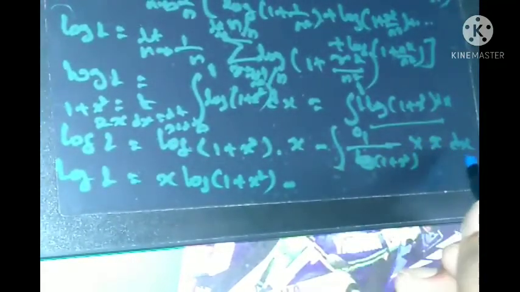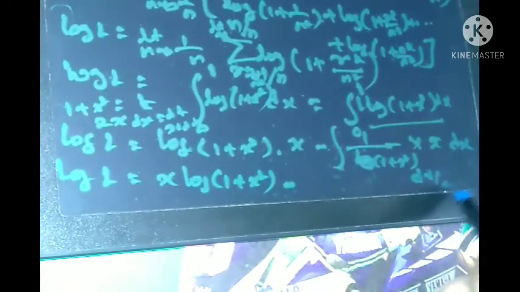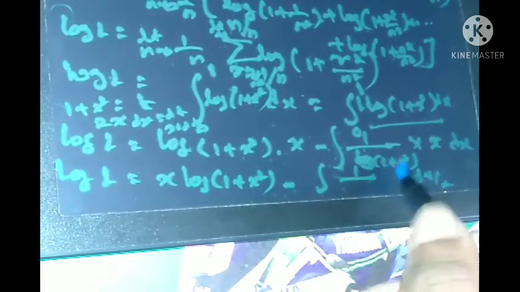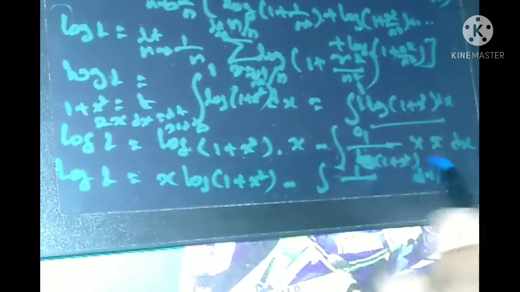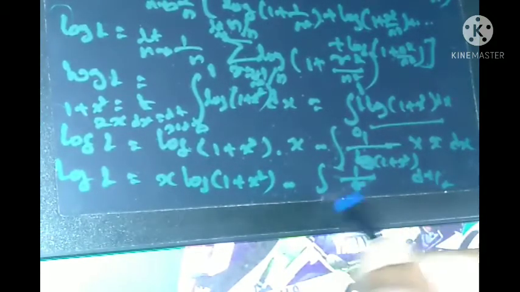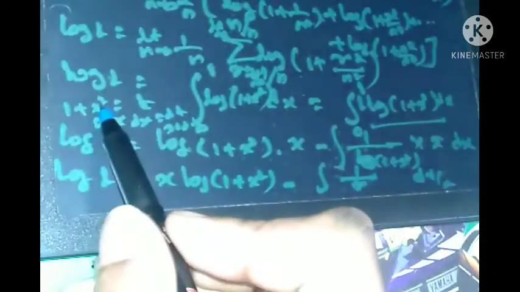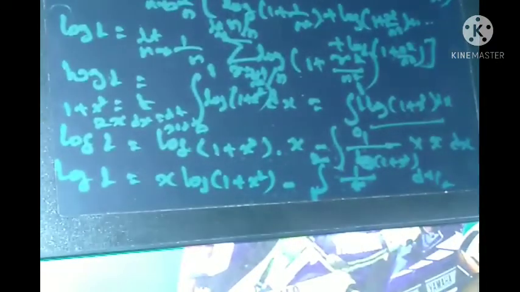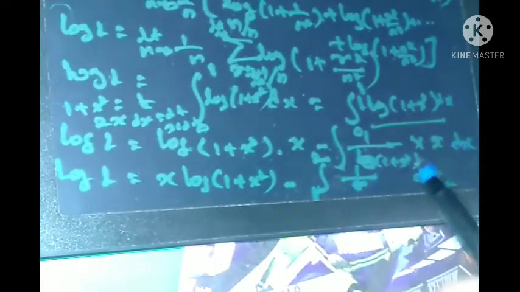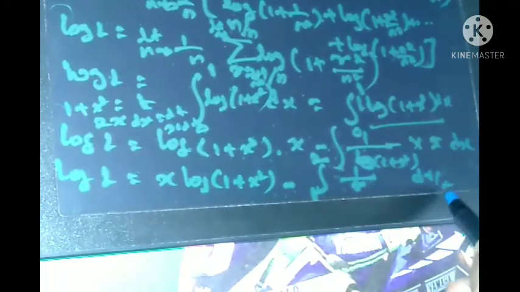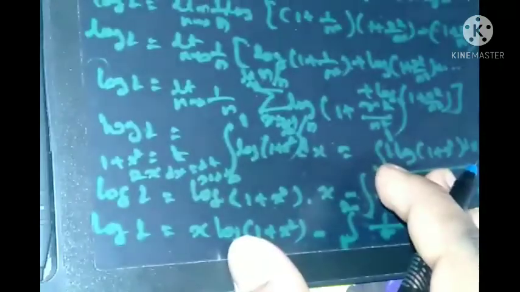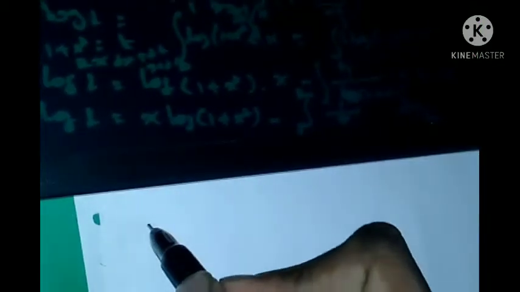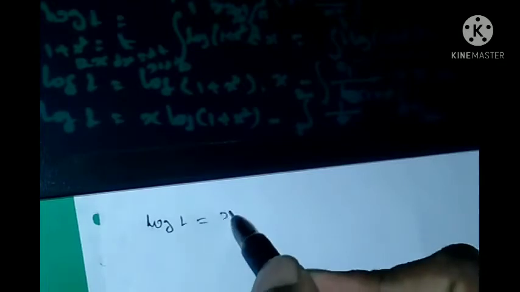In place of x dx we take dt by 2, and this is 1 by 1 plus x square, in place of which we take t. The limits also change: for x from 0 to 1, we get lower limit 1 and upper limit 2. Then we take integration again.